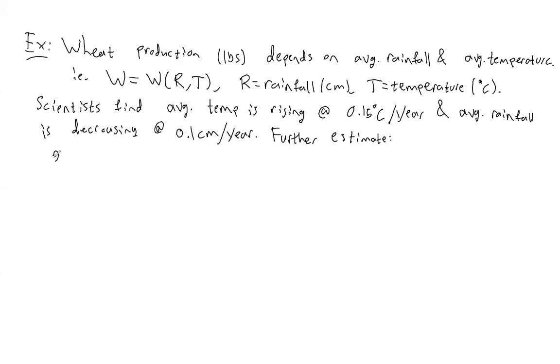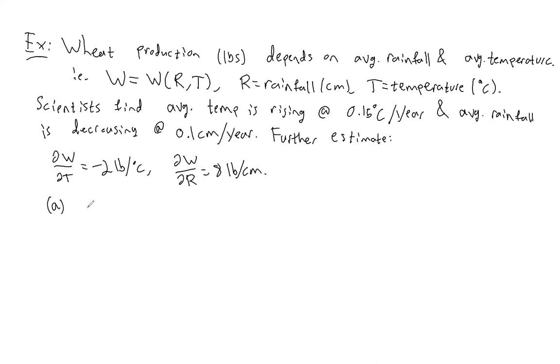that the partial derivative of wheat production with respect to the temperature is given by -2 pounds per degree Celsius, and the average wheat production changing with rainfall is 8 pounds per centimeter. So the question is, 2 questions.